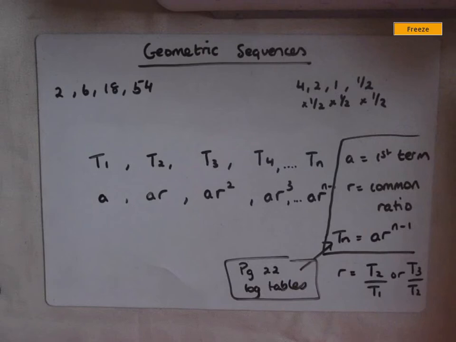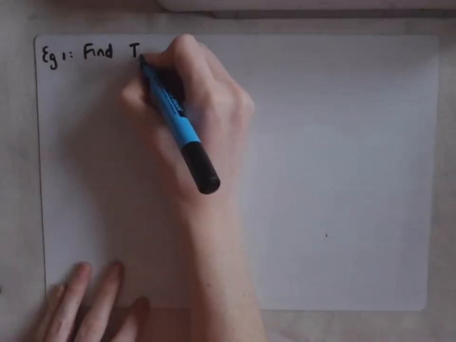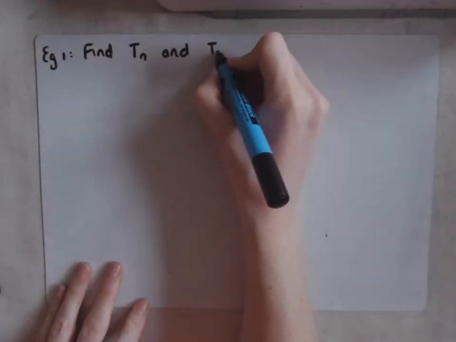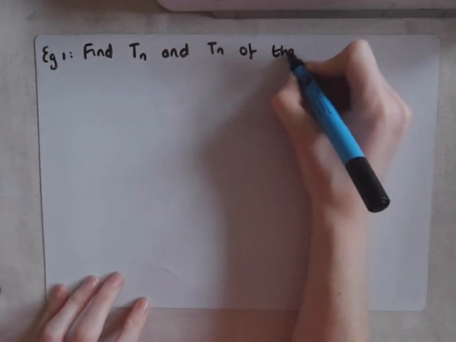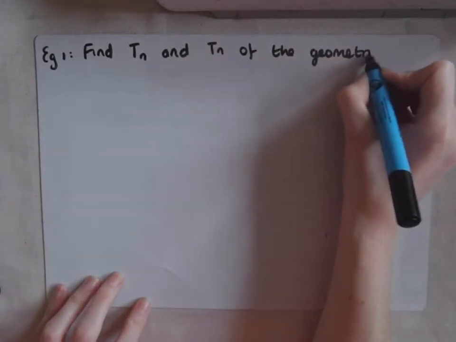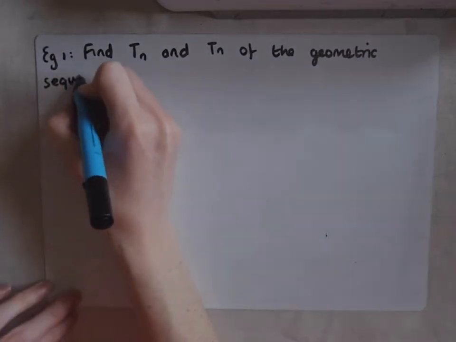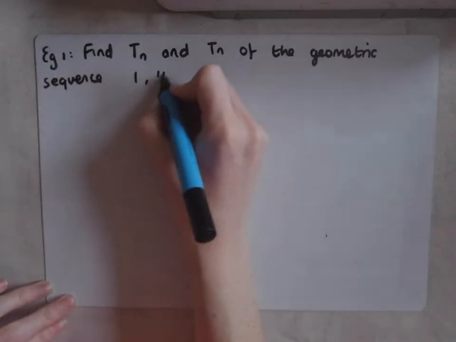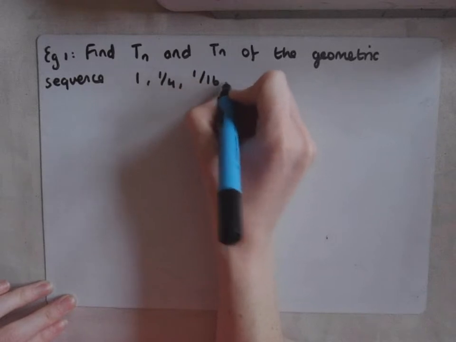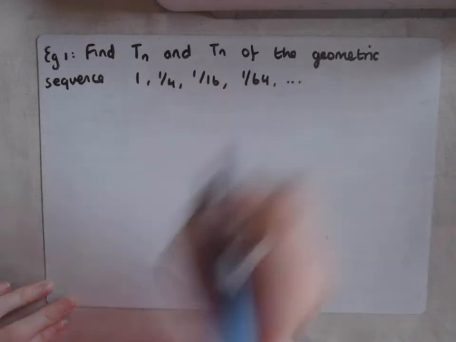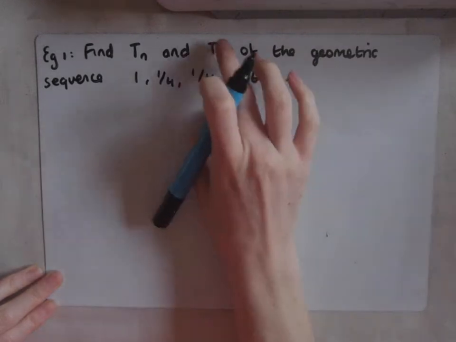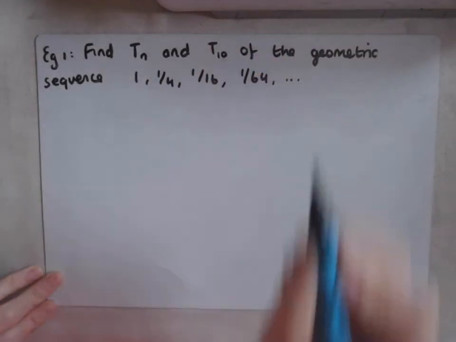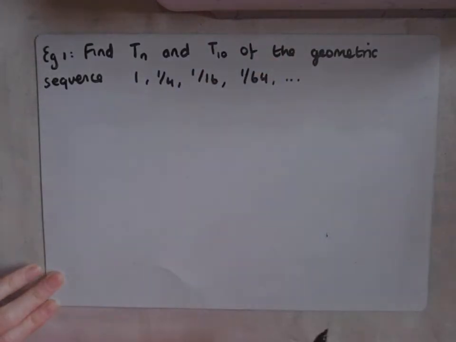So, example 1. Find Tn and T10 of the geometric sequence.